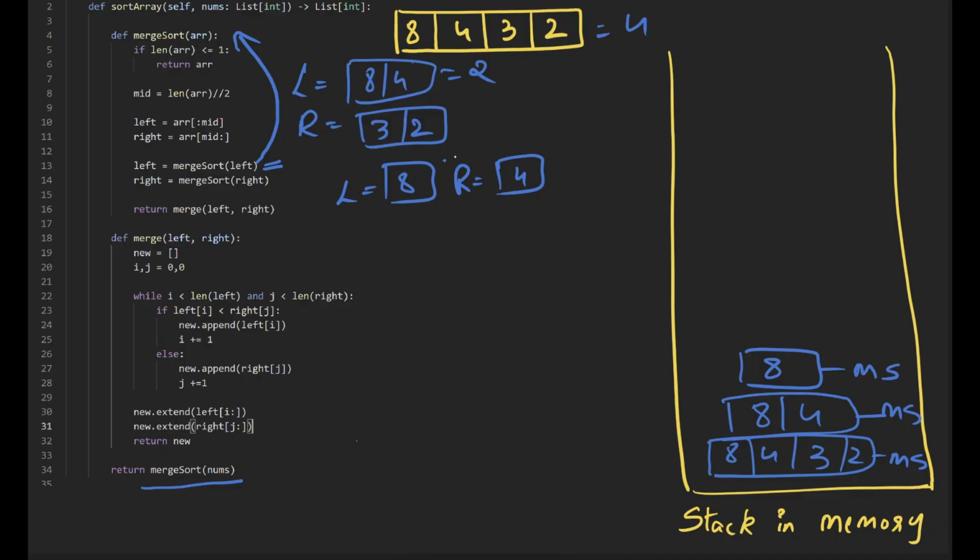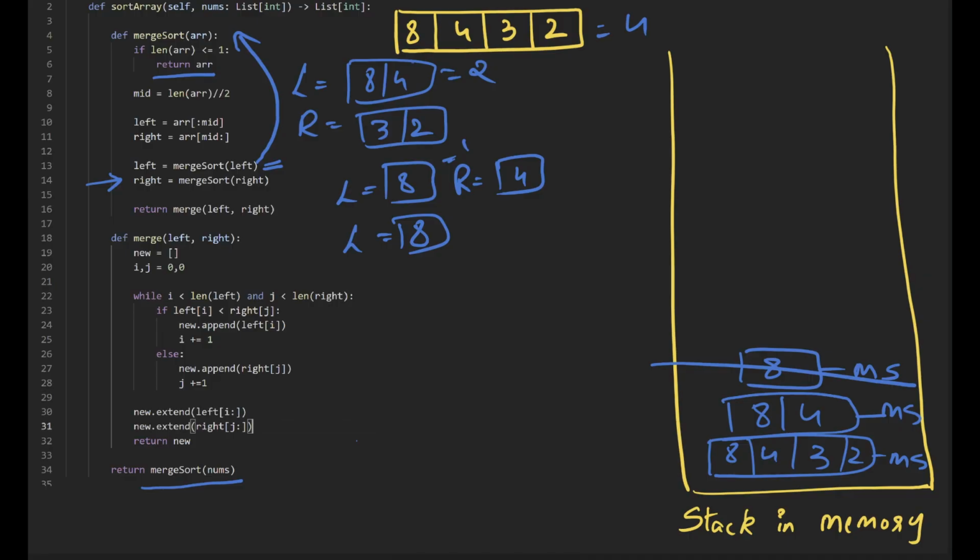Now the length here is 1, so we hit the base case and return the array. Since we returned, we will pop that. We no longer need that in our stack, and our left value becomes directly 8, or the array of 8. Now this is the first time we get to go to line number 14 to calculate the right.